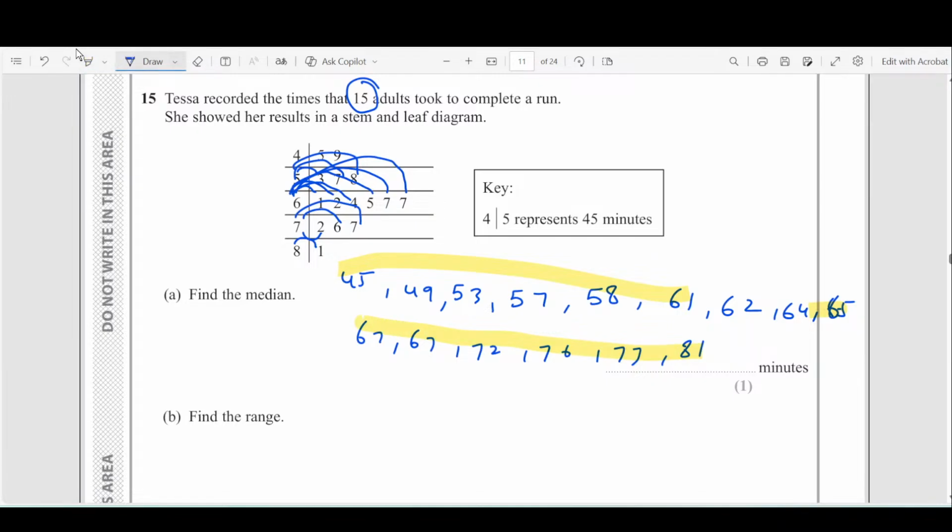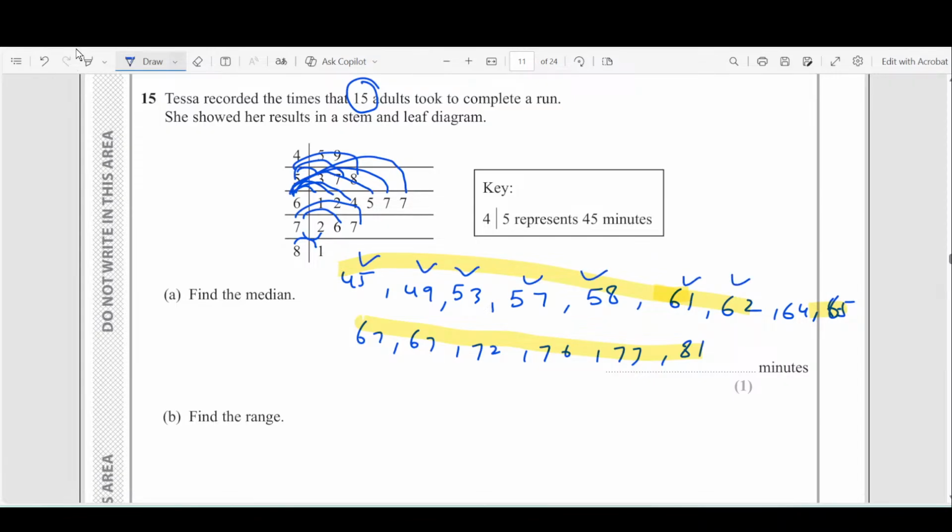Okay, so in the middle we have 6 numbers here and 6 here, right? No, actually 7 and 7. Yeah, 1 2 3 4 5 6 7.